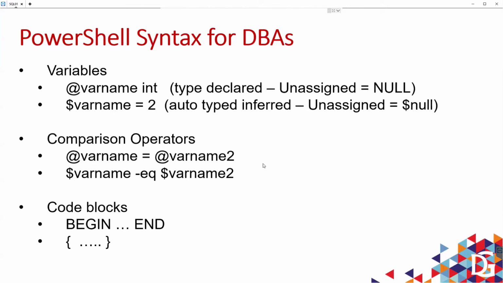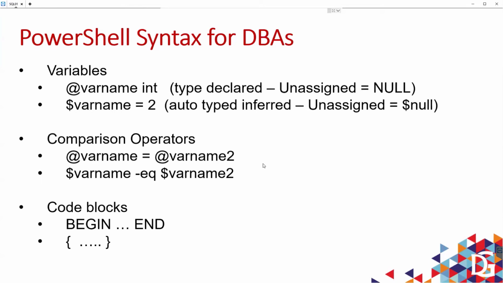There are a lot of comparison operators. Not equal to is -ne. I have them in demo, so I won't belabor them here, but they are very different in comparison. In T-SQL, we're used to setting them equal to something and comparing them with equals. And PowerShell just distinguishes the comparison with a dash and then a comparison operator. So that's how it works.